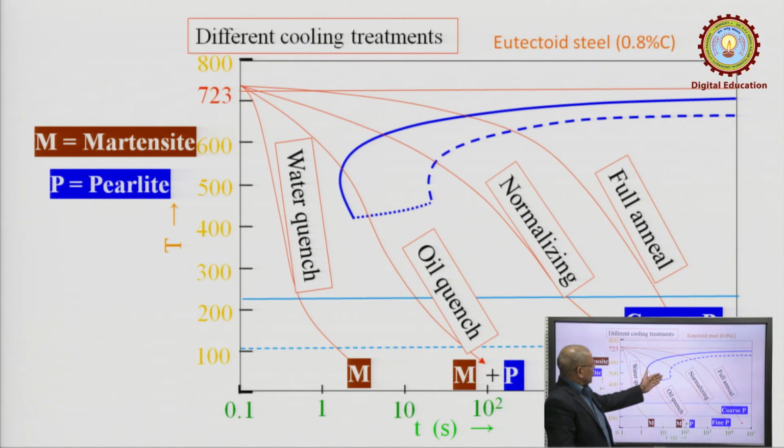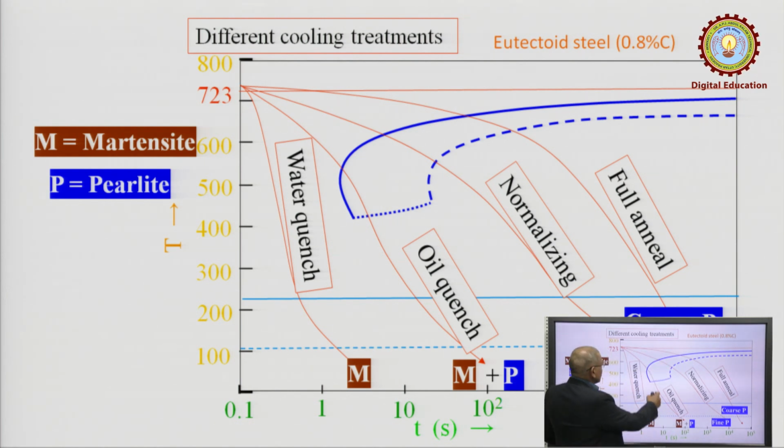On the further slower cooling, the cooling rate is represented here. Generally, this cooling rate is referred to in normalizing. So, in case of normalizing, this cooling curve is cutting the S curve here and the C curve here.